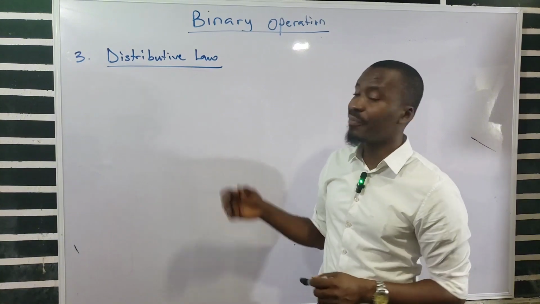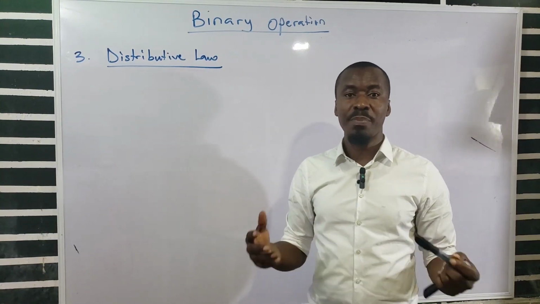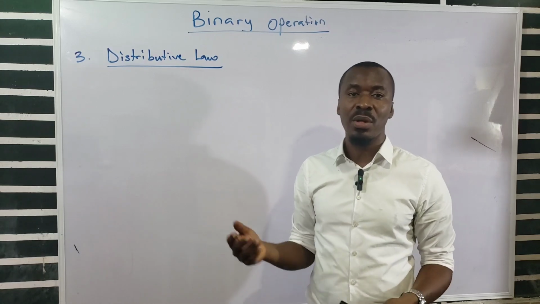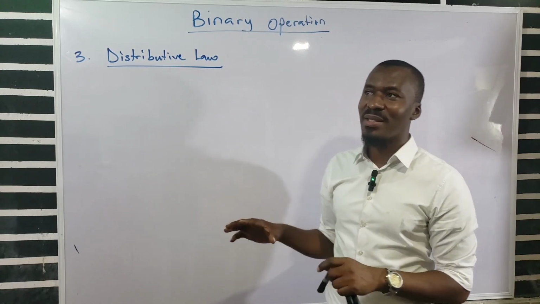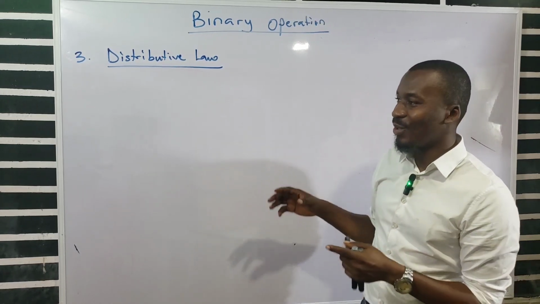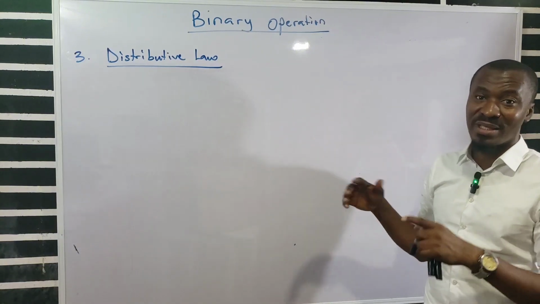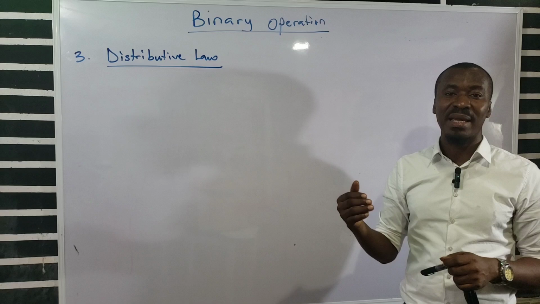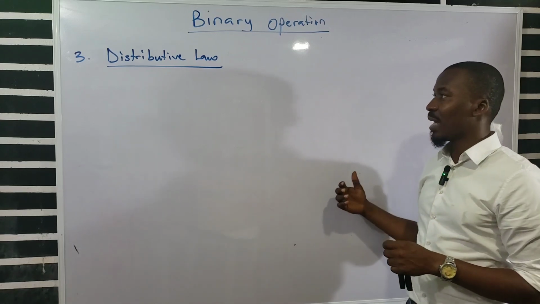But I'm going to briefly explain it. Probably we'll make another video where we can solve examples under distributive law. You can see how the associative law looks, but the distributive law is actually going to take a longer time than the associative law.